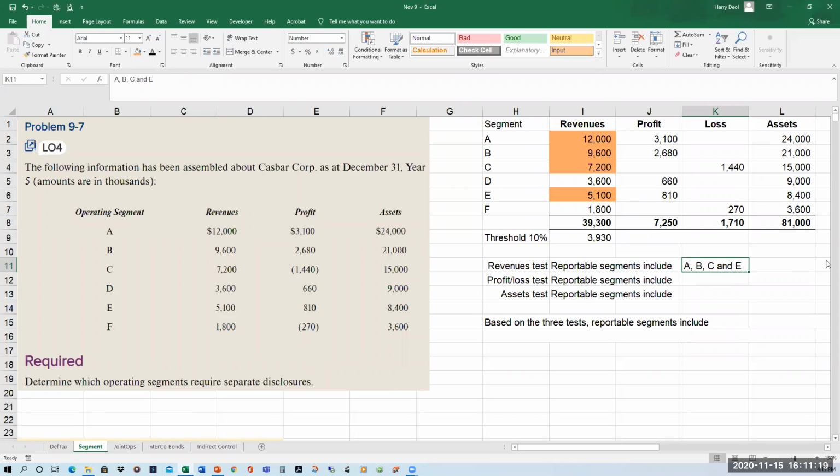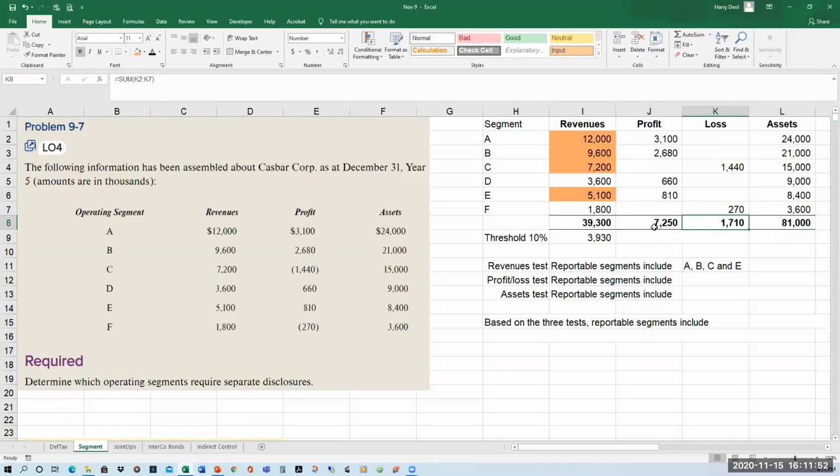And since only one test is good enough, you're certainly going to report A, B, C, and E. If you were to apply the profit and loss test, and you should go through each of the three tests, you want to first look at whether the total of the profits is greater or whether it's the total of the absolute value of the losses.